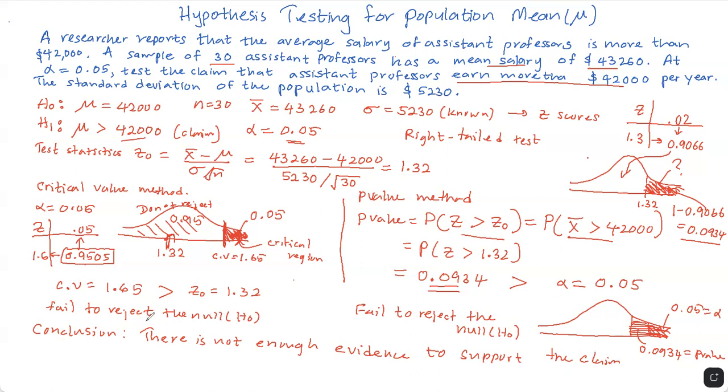That means there is not enough evidence to support the claim that professors earn more on average than $42,000 a year.